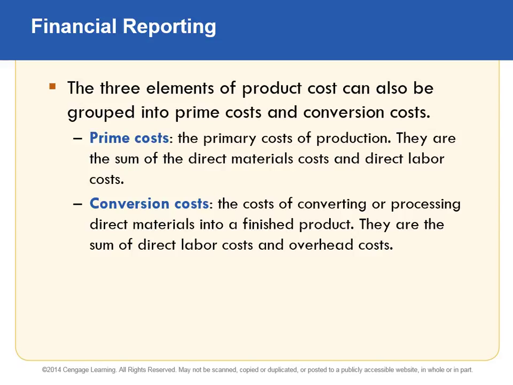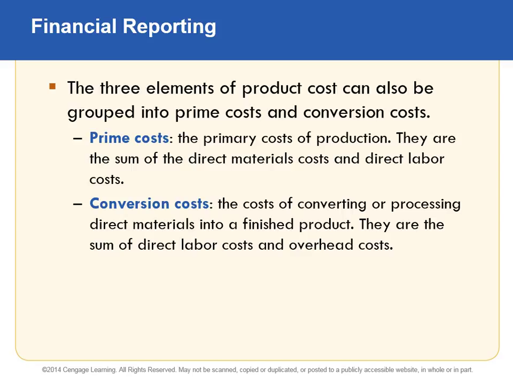Also, for financial reporting, you have two major categories. All of those three production costs, which are direct material, direct labor, and overhead, fall into two major categories. You have prime costs and conversion costs.